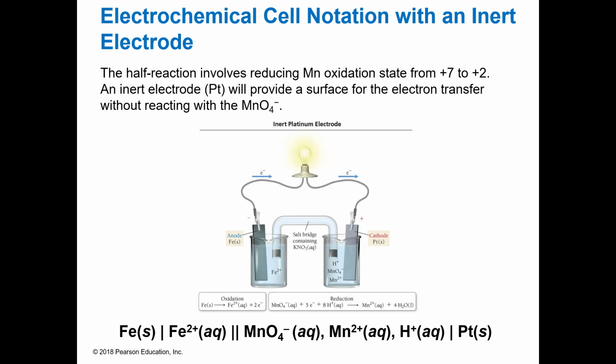And so the half reaction with the manganese is going to occur as you see here, from permanganate to manganese. And then the iron is going to be what is producing the electrons.